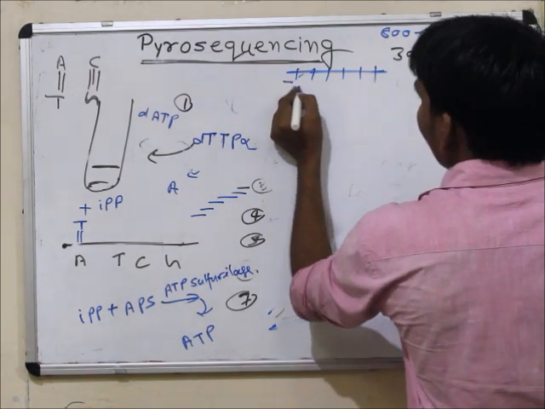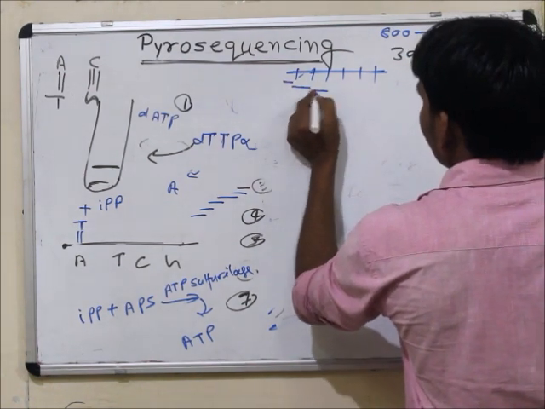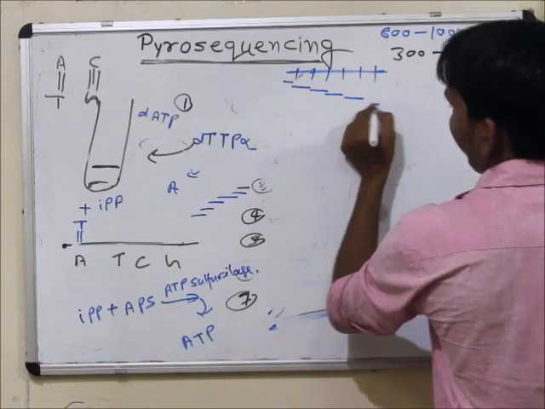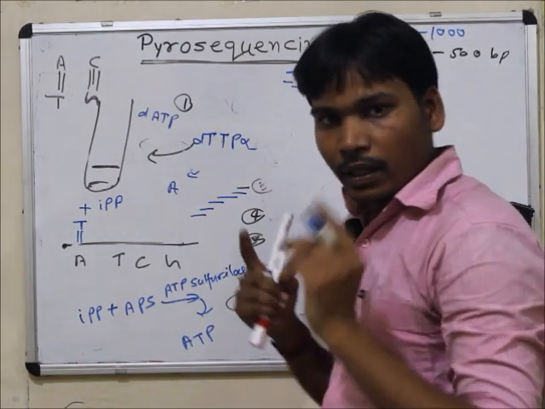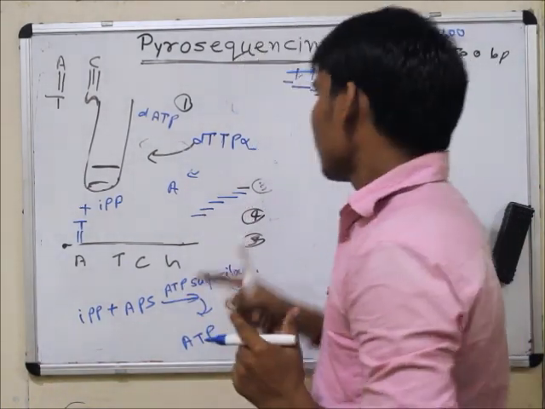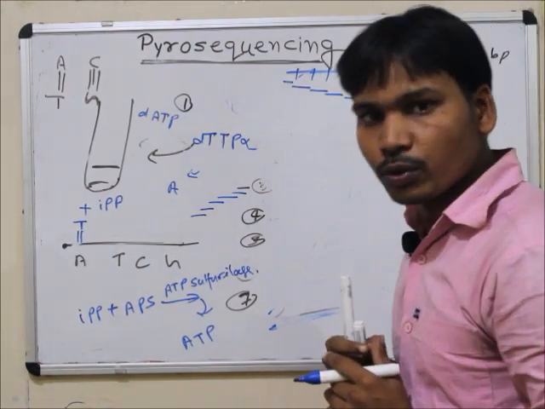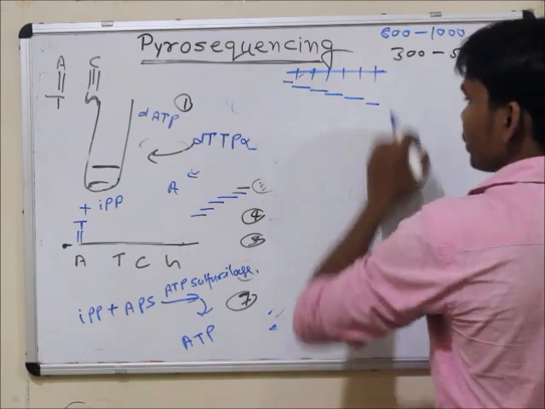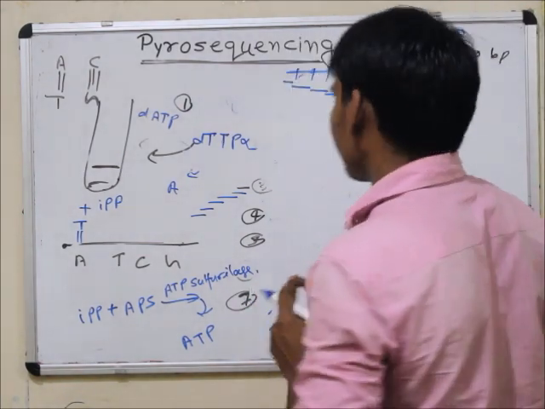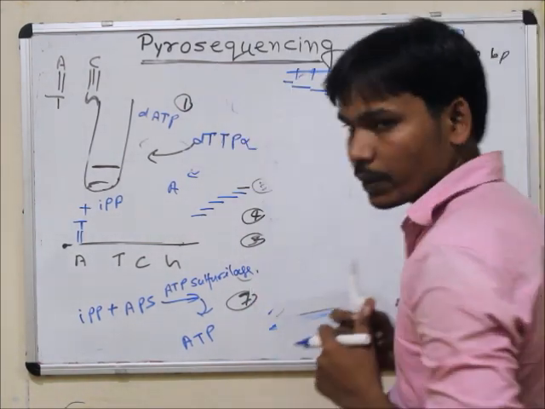So there is formation of the contigs. There are a lot of DNA fragments, so a lot of contig formation is required. So there is a problem to maintain or to recognize the specific sequences. So these are the problems with pyrosequencing.